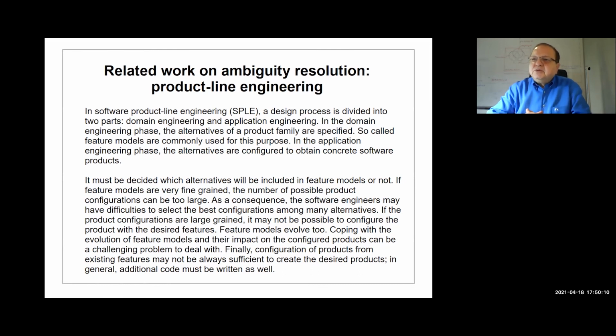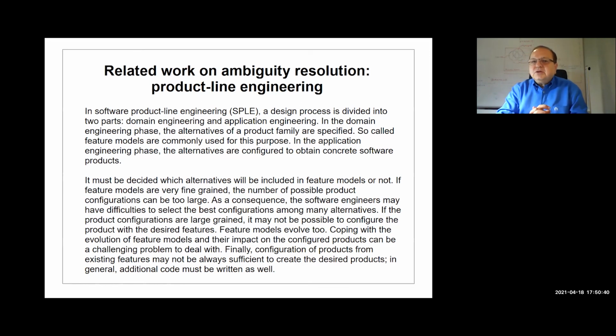There are, however, some challenges in using feature models within the context of product line engineering. You have to decide the granularity of features. And in general, features correspond to software building blocks. If feature models are very fine-grained, the number of possible product configurations can be too large.